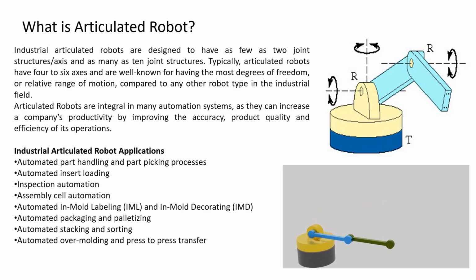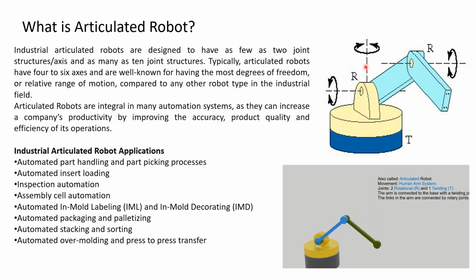You can see the image on the right hand side. Let's check if you are able to find out the motions. Here we have a twisting motion, then we have rotational motion, then again rotational motion.